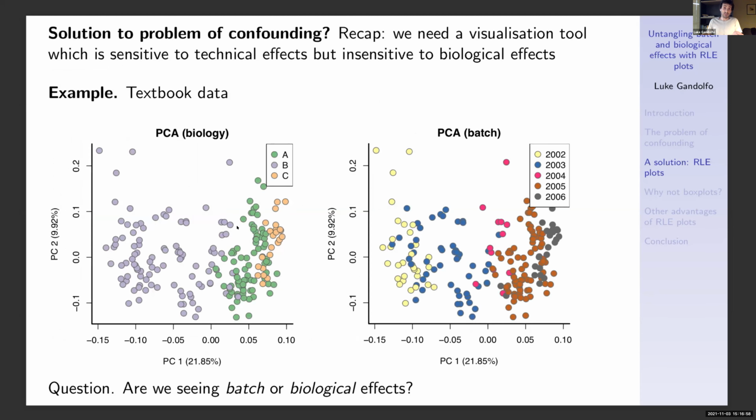Is this a solution to the problem of confounding, where we needed a visualization tool that was sensitive to technical effects, but insensitive to biological effects? Well, in the case of the textbook data, the question was, are we seeing batch or biological effects here?